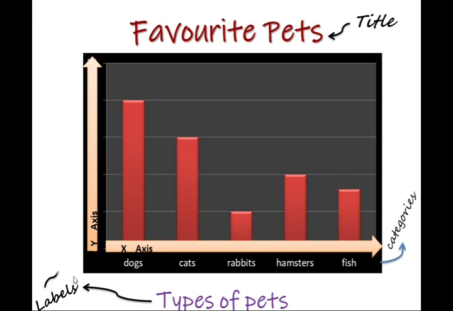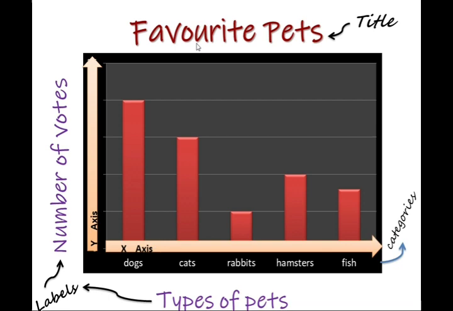Your second label is number of votes. Now just by looking at the word number, you can clearly say that your y-axis is going to comprise of numbers. And not just numbers, but numbers of votes.